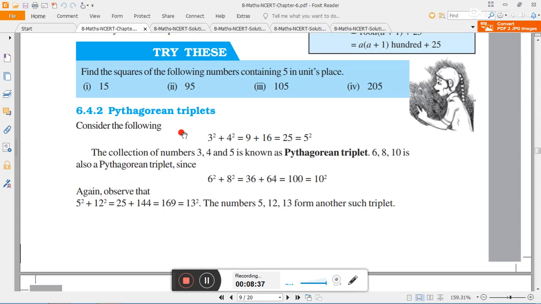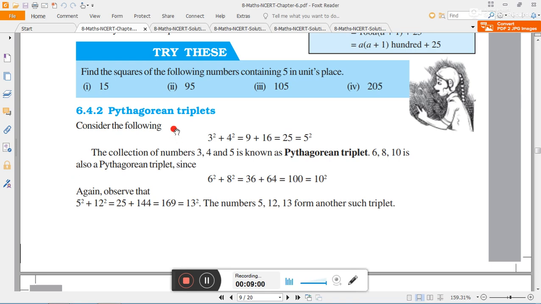Again, Pythagorean triplet. We know that before this, in the 7th standard, we learned Pythagoras theorem. Pythagoras is a mathematician who proved this theorem and put it in front of us, so that's why we call it Pythagoras theorem.